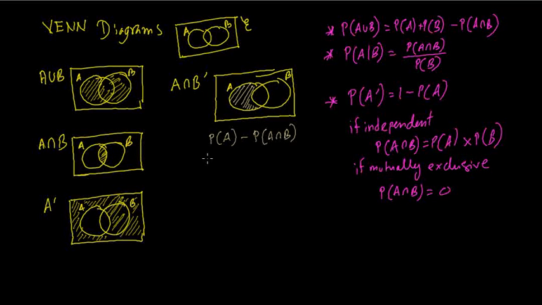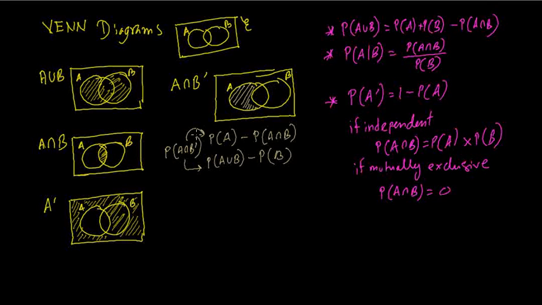Another way of finding it is, if you take probability of A union B, and from that you subtract the circle B from the entire A union B, then you're also going to get A intersection B prime. So remember, probability of A intersection B prime can be found either using this or using this, but here we are using the concept of geometry area, where one shaded area is subtracted from another shaded area.